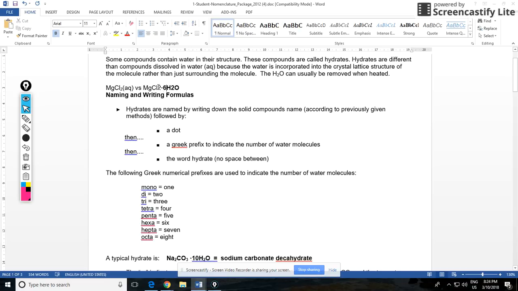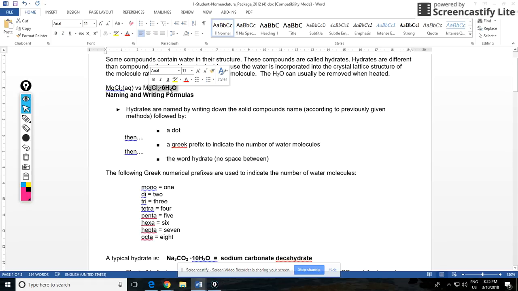That big number would be called a coefficient, and it would basically tell you that the magnesium chloride has 6 water molecules incorporated within it. So this one here, magnesium chloride (aq), is simply magnesium chloride dissolved in water, whereas this one here is the hydrate. It's magnesium chloride with water incorporated into the magnesium chloride crystal.